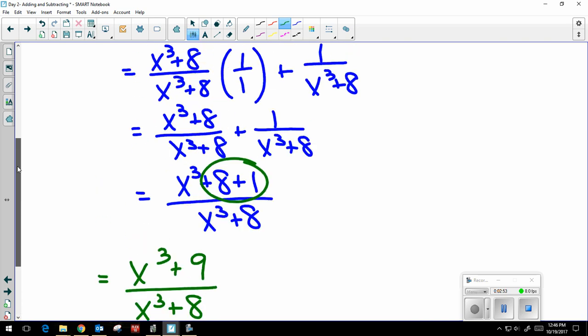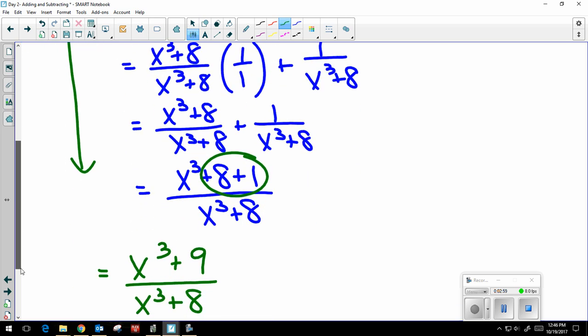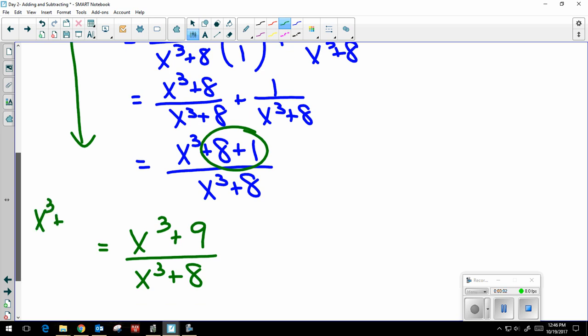Now, if I go all the way back up, that's what I have over here on the left side. So x cubed plus 9 over x cubed plus 8 is equal to itself. So that's how I know I'm finished. Once my left side is equal to my right side, I'm done.